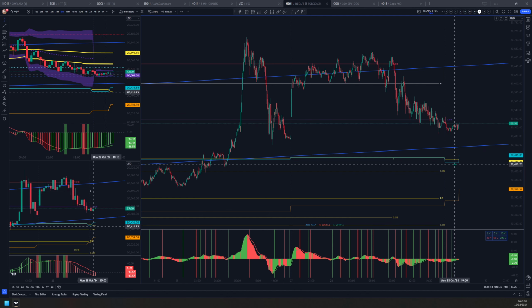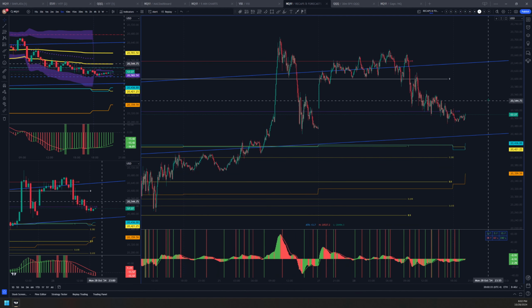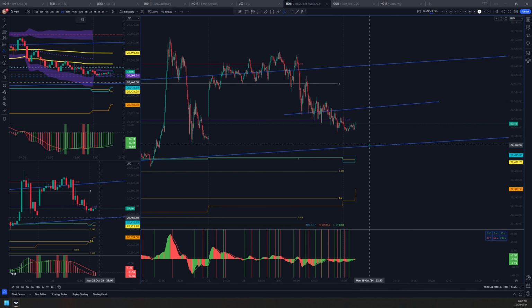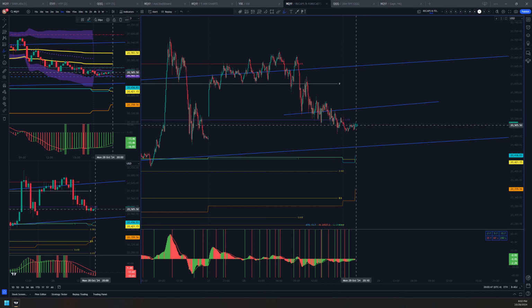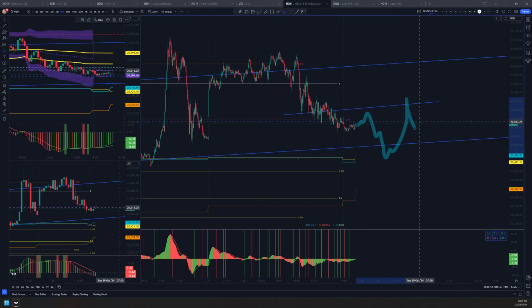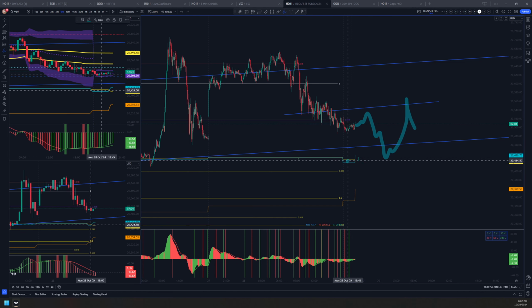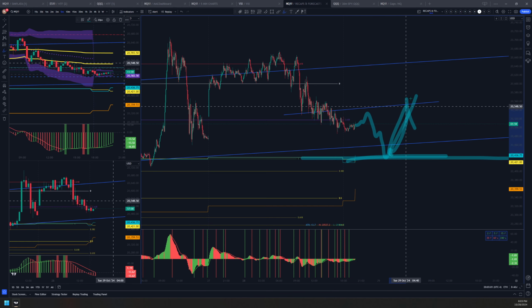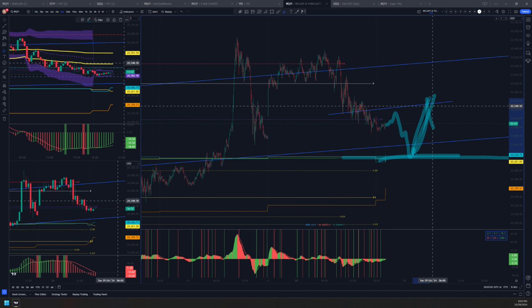So look for a return to this one, and then probably get that pop towards the middle of this channel. Just doing something around here. Nothing crazy. Just anything in that kind of area. Catch the support, catch the zero line support, and then just pop back towards this middle and start building more liquidity.